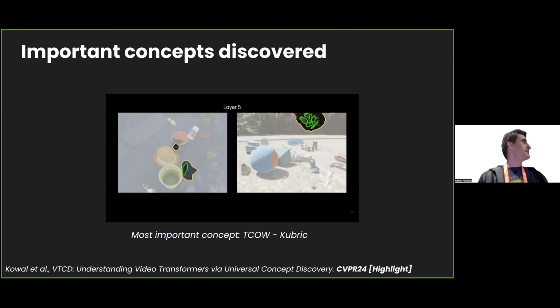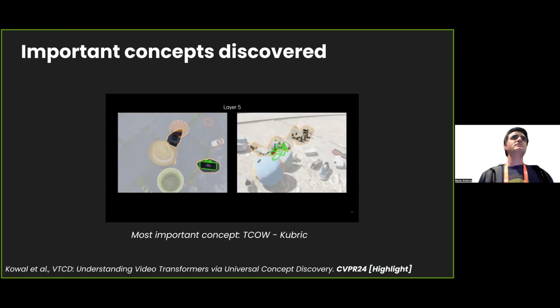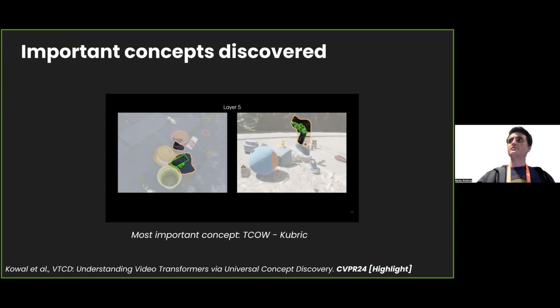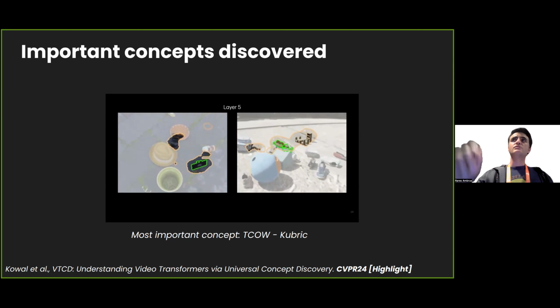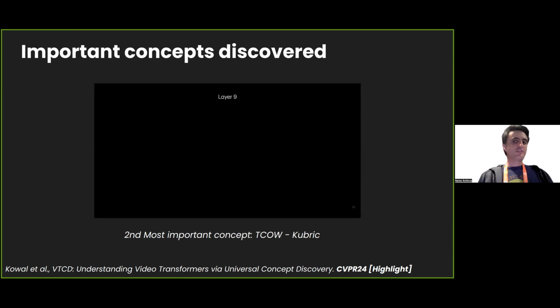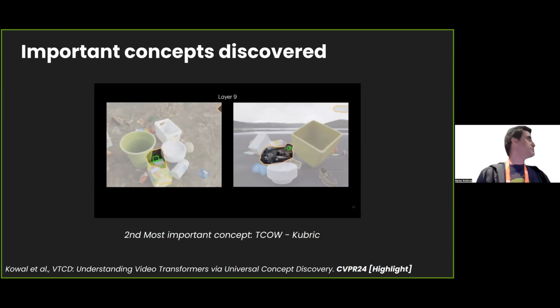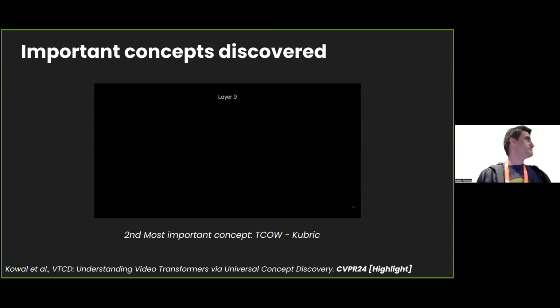So we concluded that the most important thing the model learns is how to identify possible distractors so that it can disambiguate the target object. The second most important concept we found at layer 9, and it tracks the target object throughout the video.